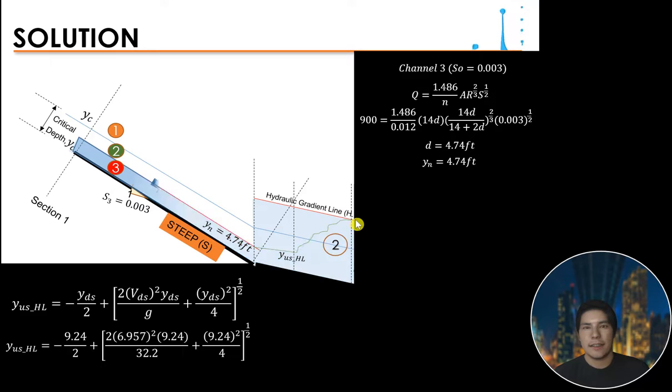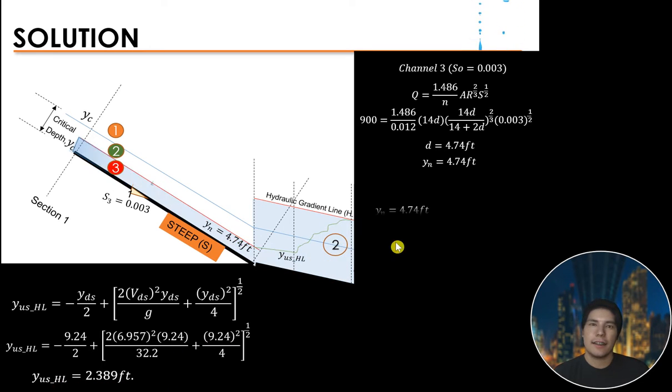The YDS of the hydraulic jump is what we are considering, which is what we compute here. The YDS in the mild slope was computed in part 6 of the video. We just need to substitute that one. Therefore, our YUS is 2.389 feet.